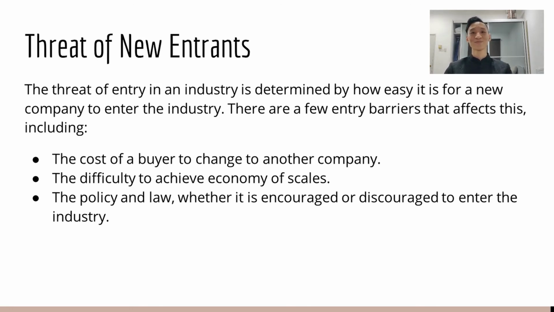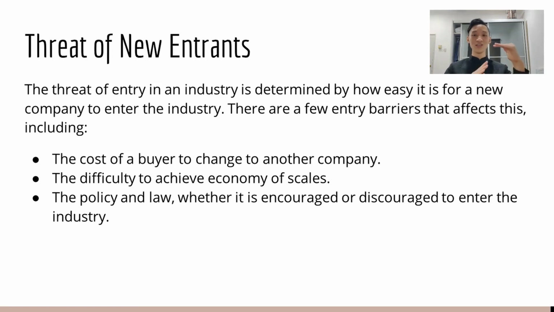I hope you understand. Okay, next, the difficulty to achieve economies of scale. For a new company in a particular industry, if it is easy for them to reach this much economy of scale instead of this much, this is just an analogy, then it will be easier for a new entrant to survive in the industry.